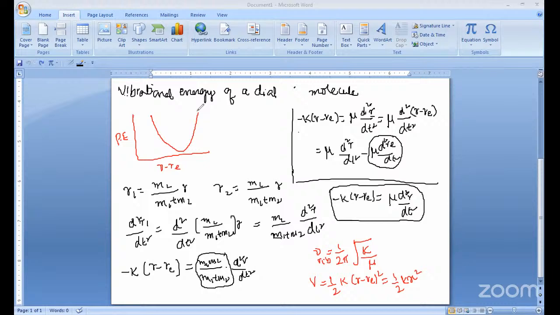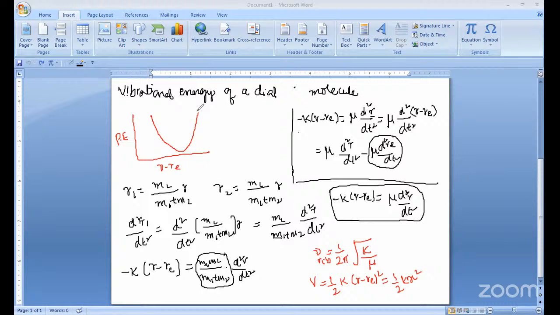Now we come to the quantum mechanical treatment. Previously we said that a vibrating diatomic molecule takes energy in a continuous form, as we have written.